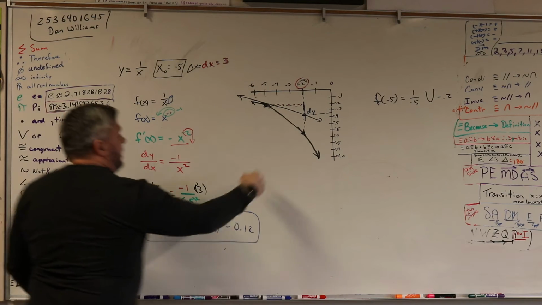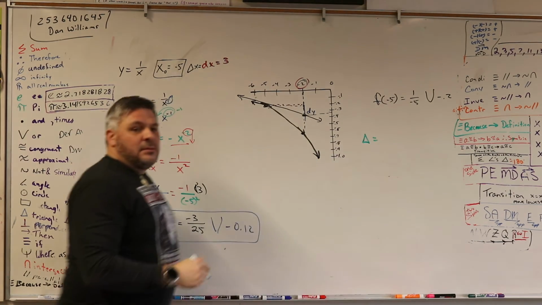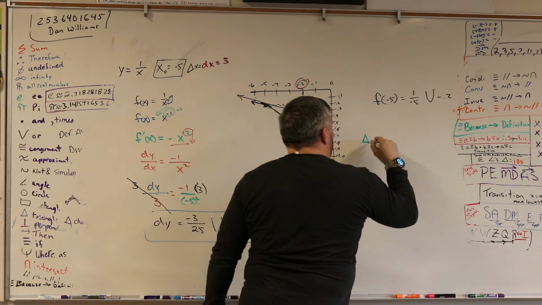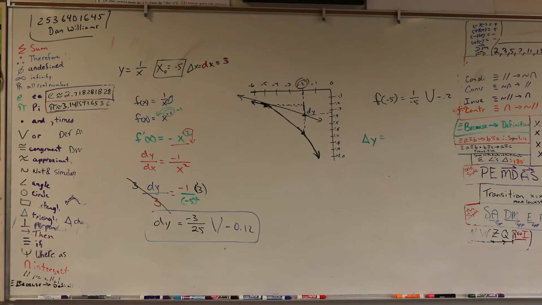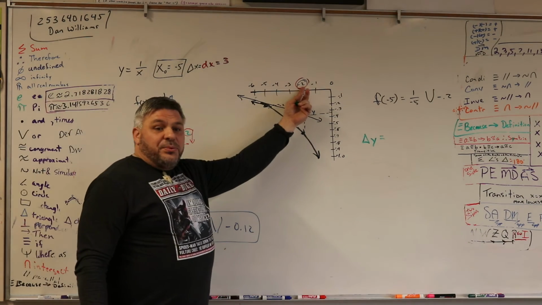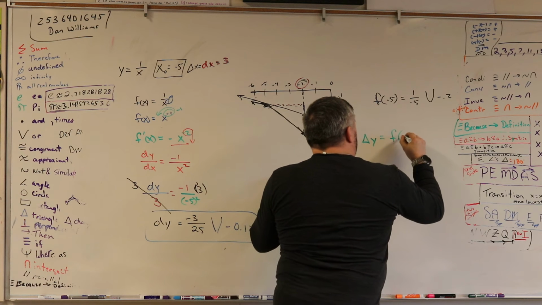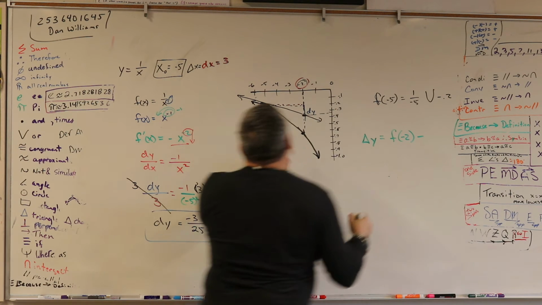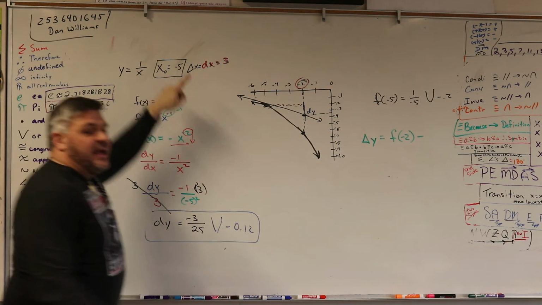And the change in y, or delta y, is equal to the function with respect to negative 2 minus the function with respect to negative 5.